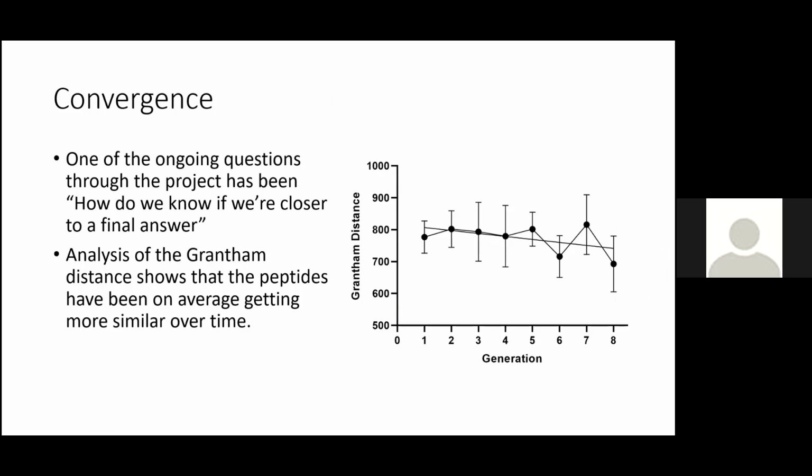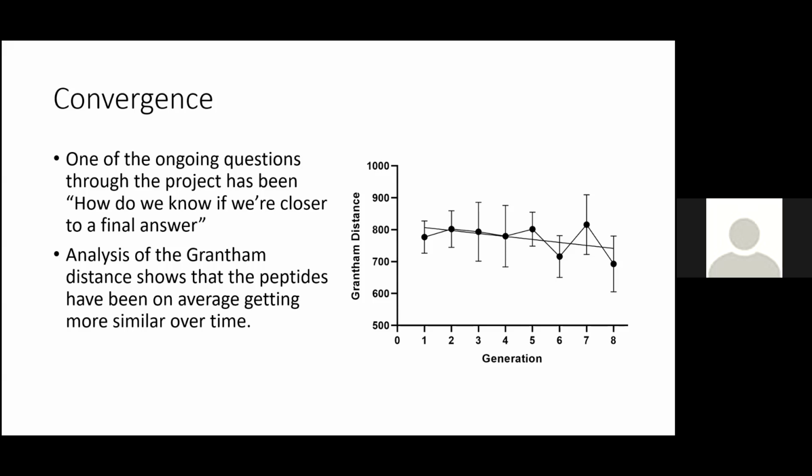If we're converging on the best peptide, then all the peptides would start looking similar as we begin approaching that final peak. And the Grantham distance is a way of measuring how different the peptides are from one another, based not just on the amino acid to amino acid comparison, but also comparing things like size and charge and hydrophobicity.